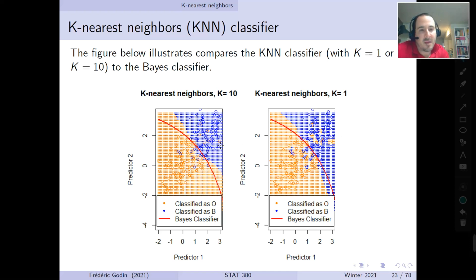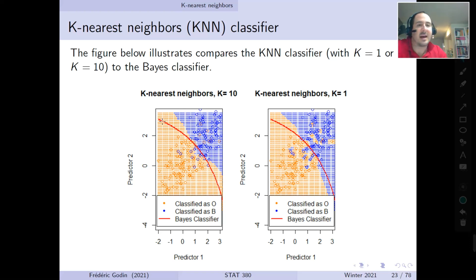So when K is small, the predictions are very variable and very sensitive to outliers or single data points. Conversely, when K is large, predictions are less volatile, but because you have to average very irrelevant points, this leads to biased predictions. So this is not good.